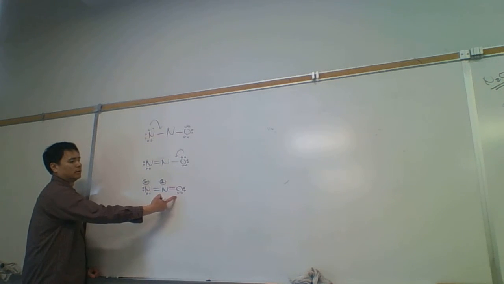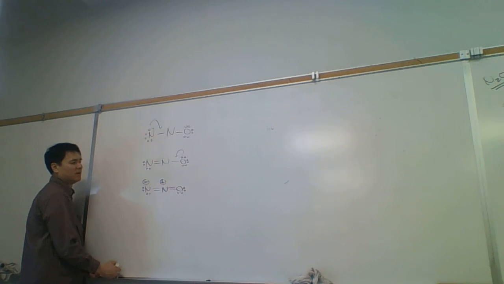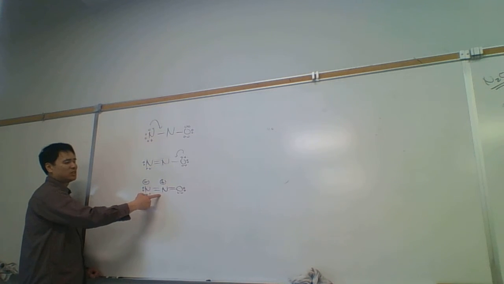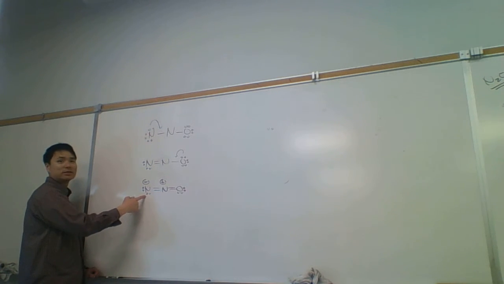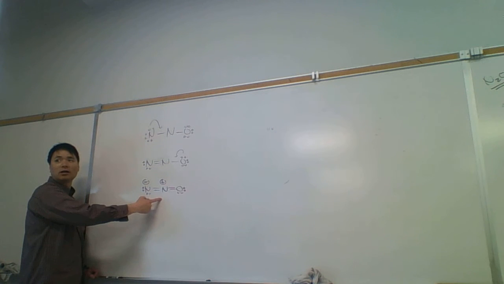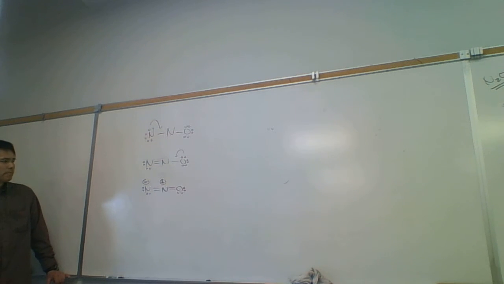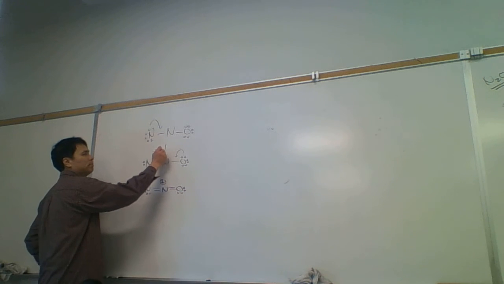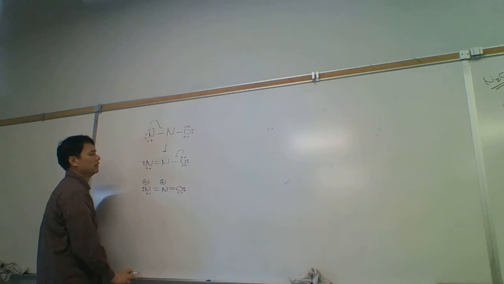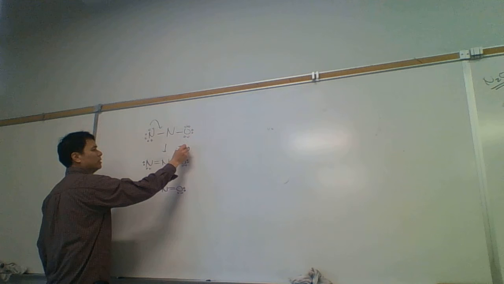And then, yeah, 0. And so basically what this says is that one nitrogen gains and the other nitrogen lost an electron. So that's here. We'll call this choice 1.